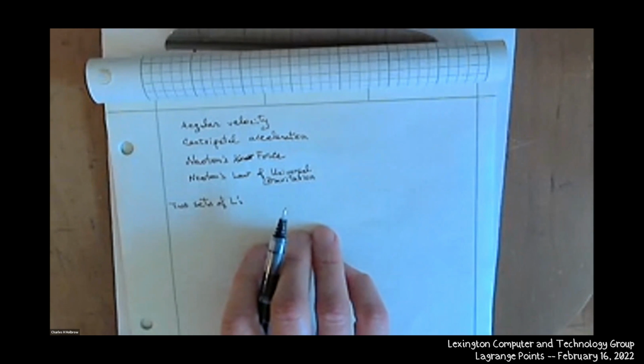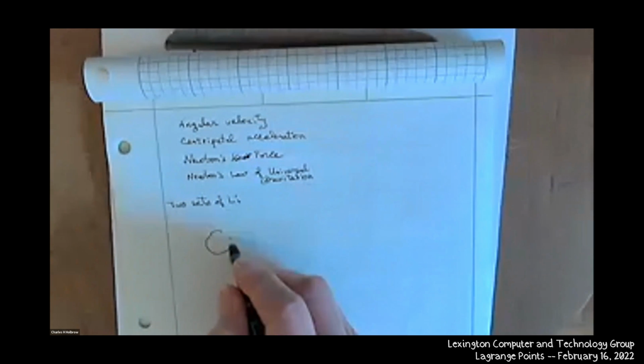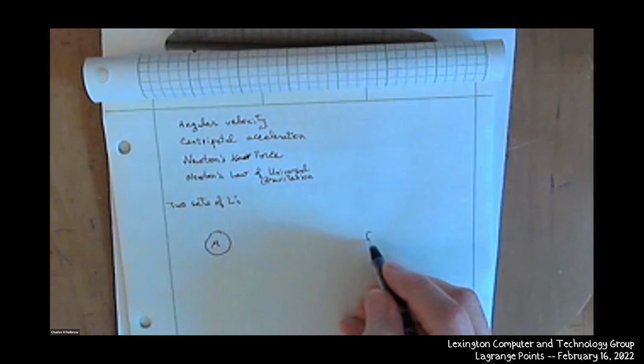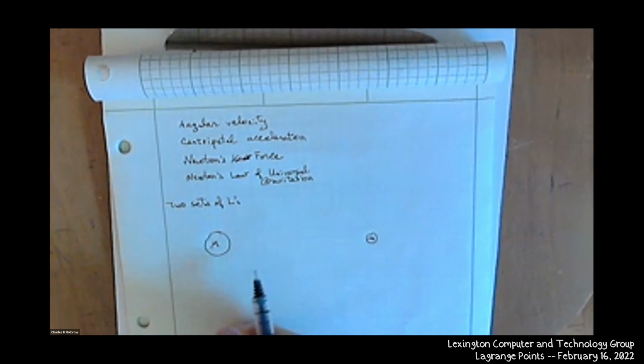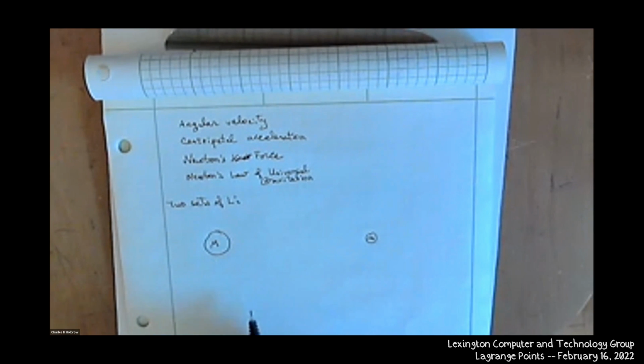All right. Anyway, so here's what I had on the other screen. I said, look, you have a mass m, and over here you have a mass little m. And whenever you have this situation in space and one is orbiting the other, then you can talk about Lagrangian points.